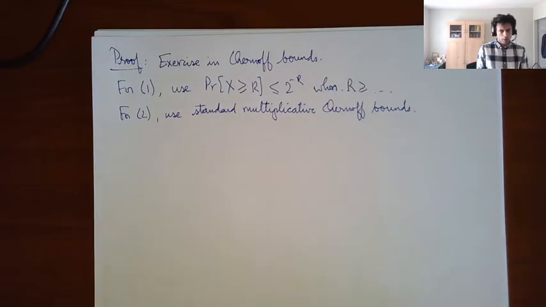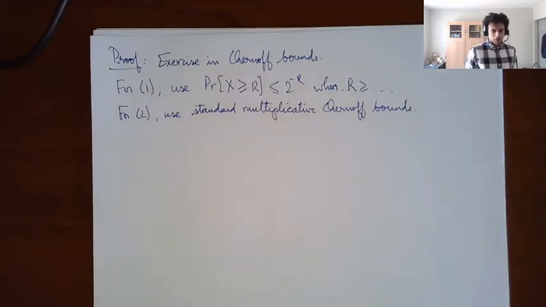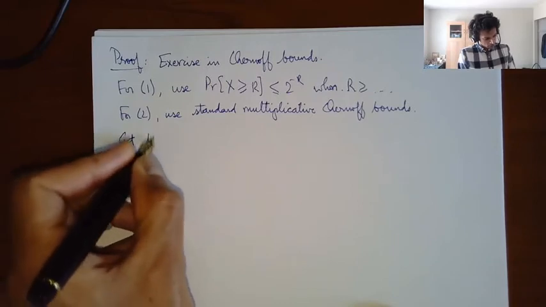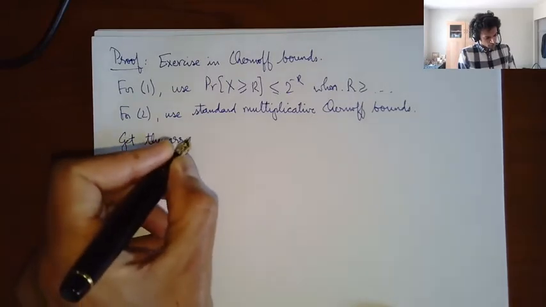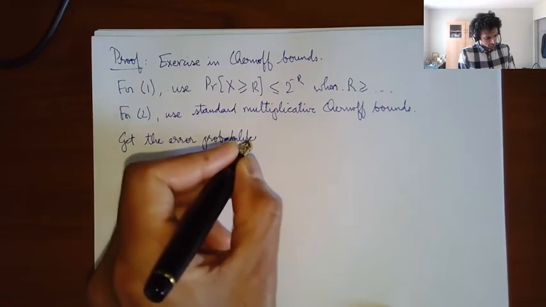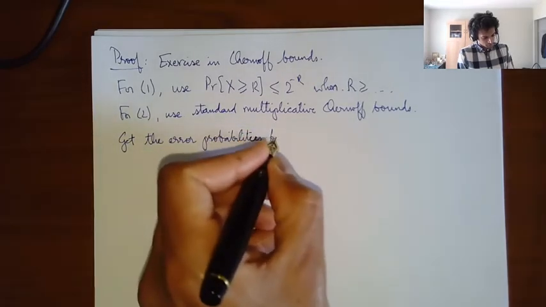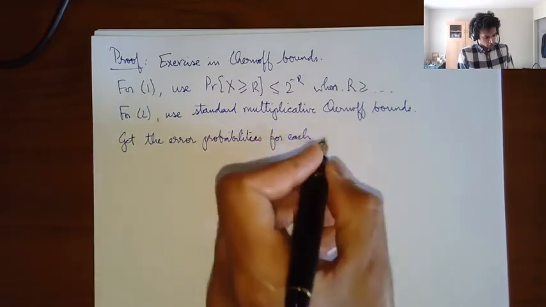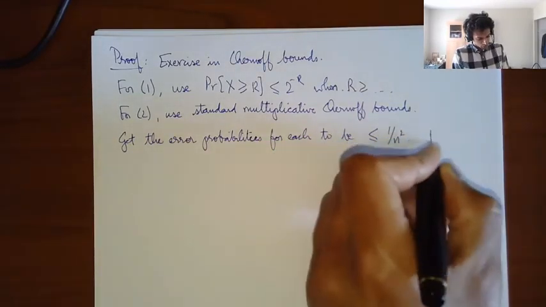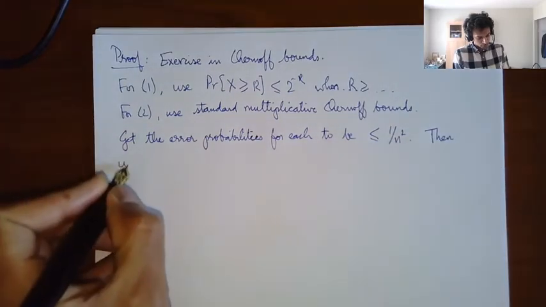But this part is routine. There is something that I want to mention over here. Get the error probabilities for each to be less than 1 over n squared, then union bound.